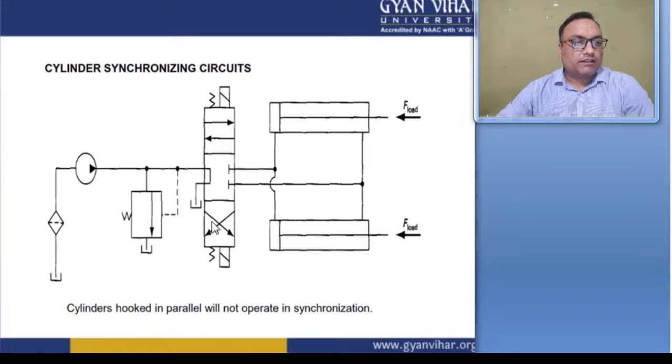Here one directional control valve is used, and the circuit is the same as the previous case, but the only difference is that two actuating units, or actuators, are used, right? In this case, this is the filter.